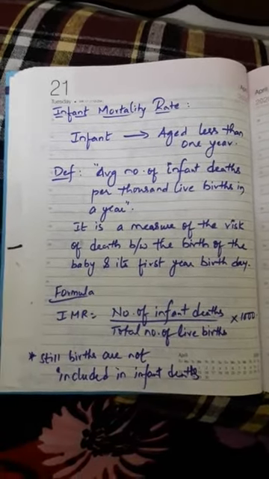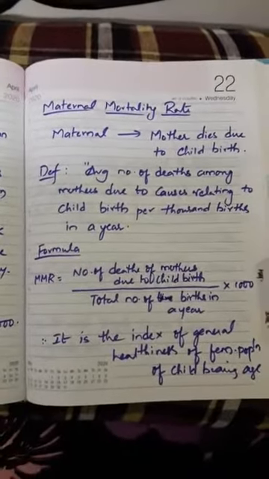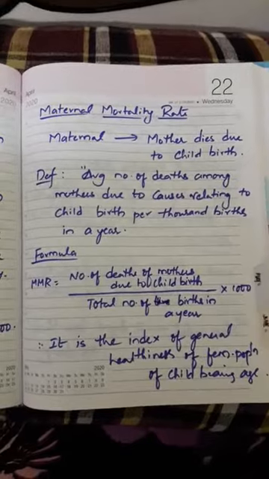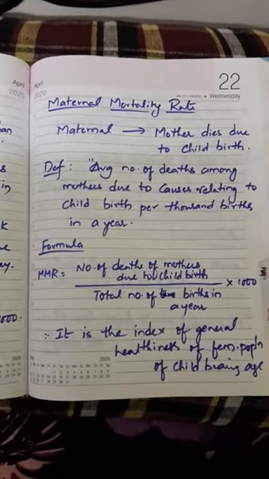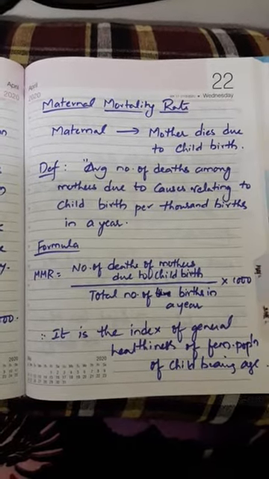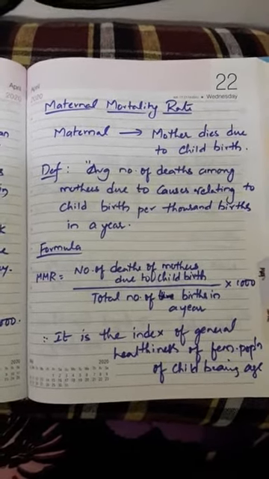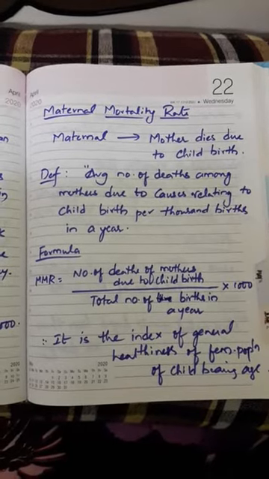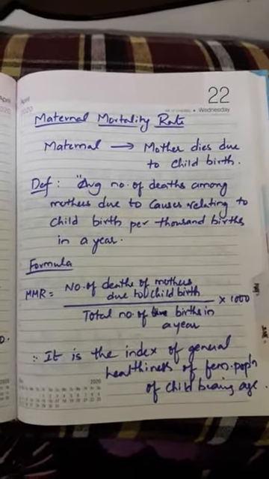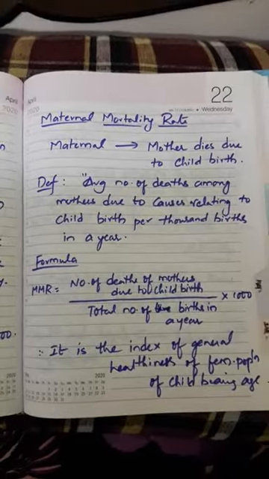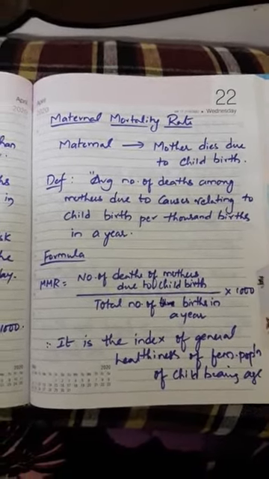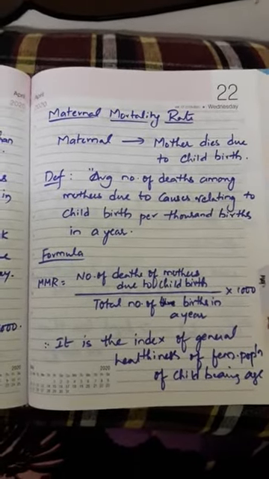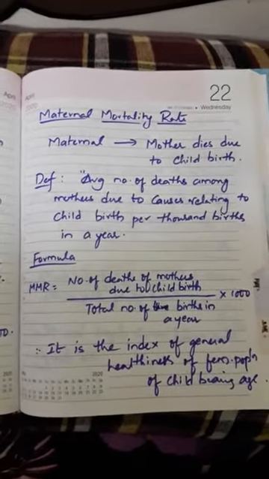So let us see the next method, maternal mortality rate. Here comes the maternal mortality rate. What does maternal cases mean? Maternal cases are those in which a mother dies during childbirth. So the mother dies due to childbirth. In the olden days, in old movies, we have seen that soon after giving birth the mother dies.